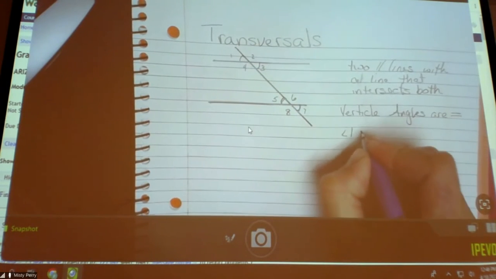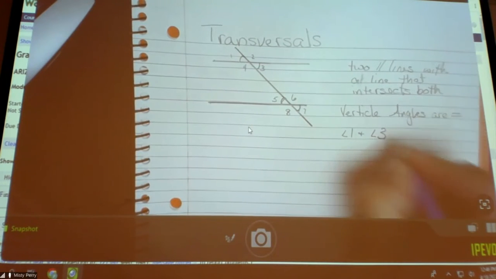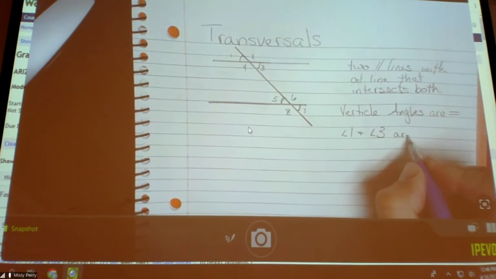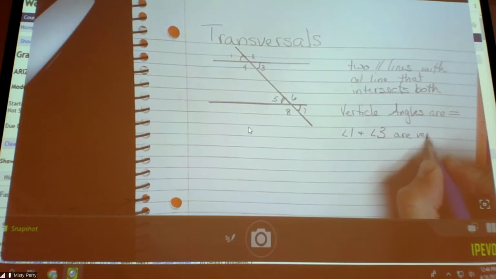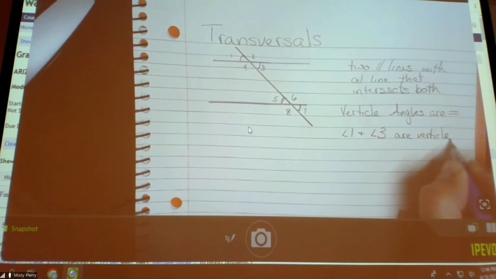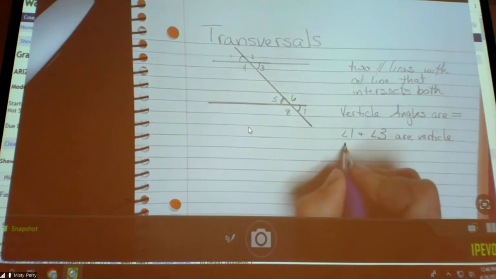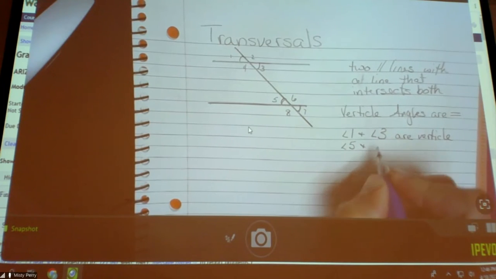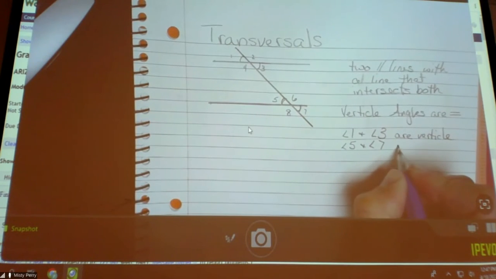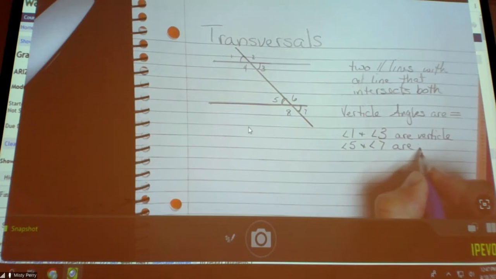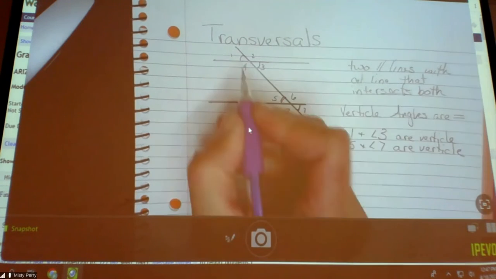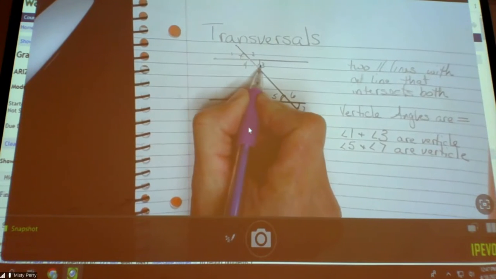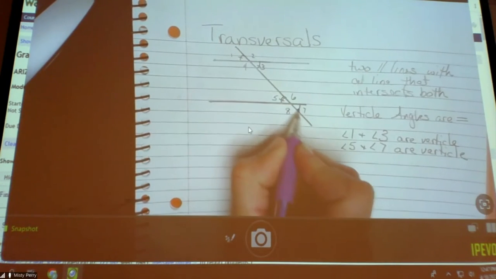Angle 1 and angle 3 are vertical. 5 and 7 are vertical. Okay, so that means all 4 of these angles are exactly the same measure.